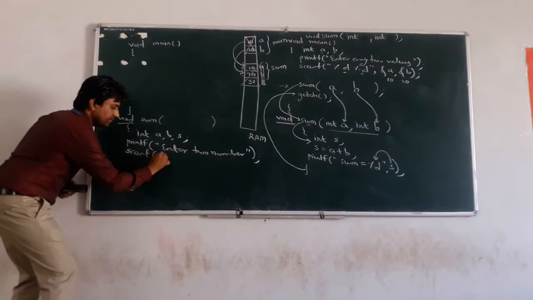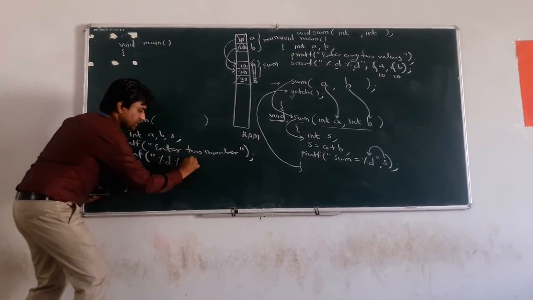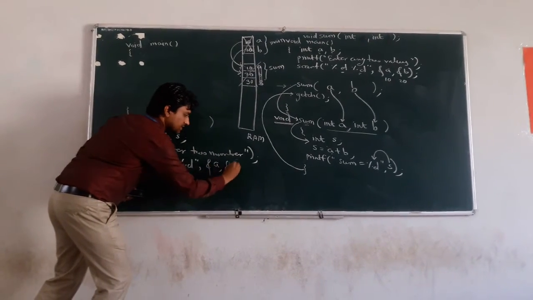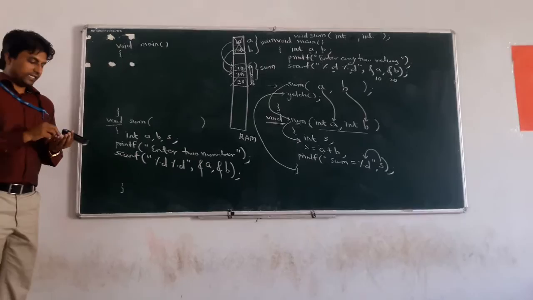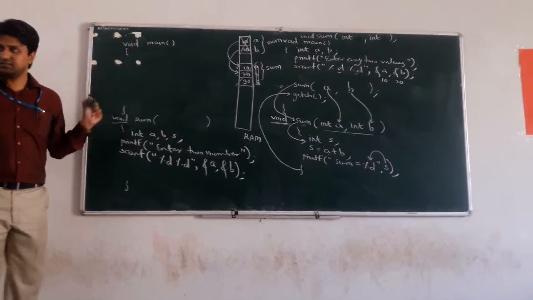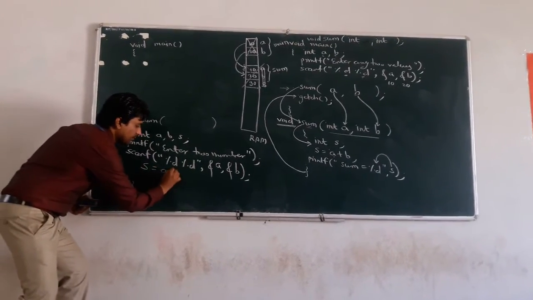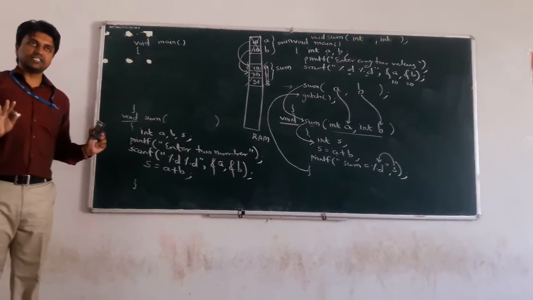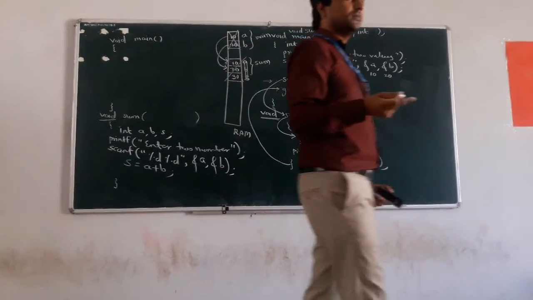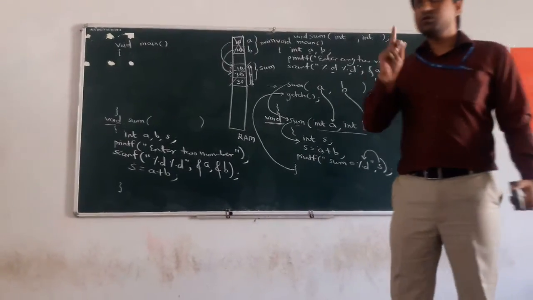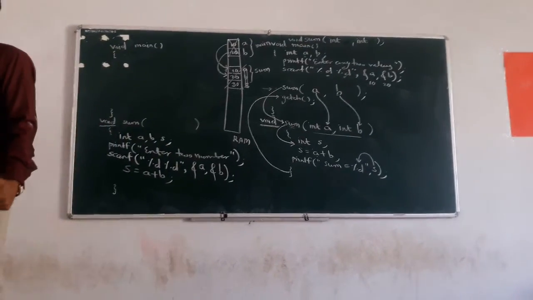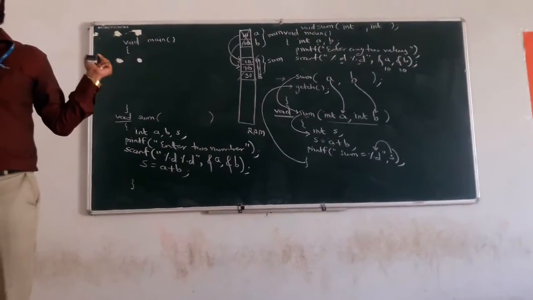Second, scanf, %d, double quotes complete, comma, ampersand of a, comma, ampersand of b. Next, what is the responsibility? The main responsibility of the function sum is to make the addition. So s is equal to a plus b. And what order was given to the sum function by the main function? You don't display, you just make the addition and return the result, whatever it may be, to me.